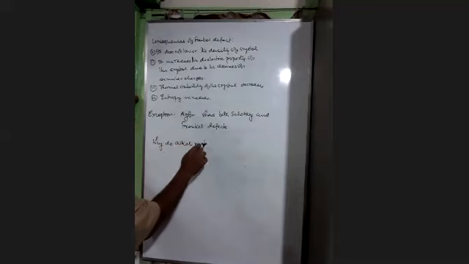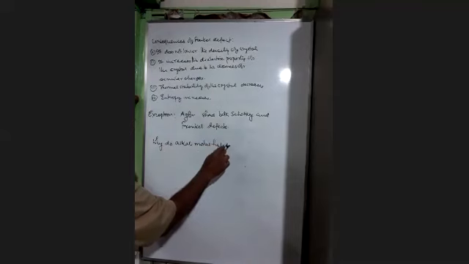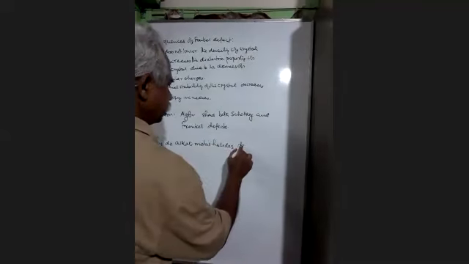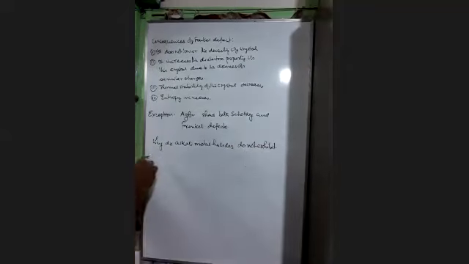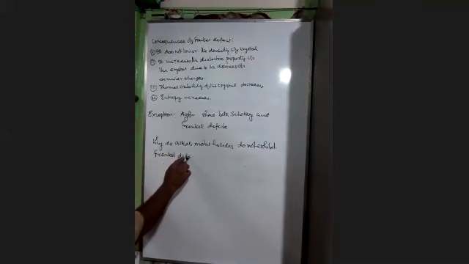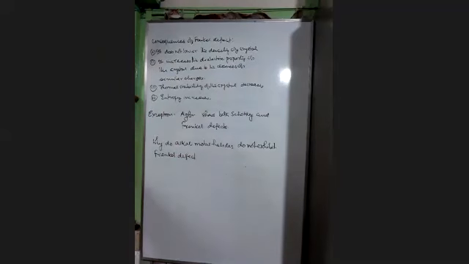Now, one question is often asked. Why do alkali metal halides not exhibit Frenkel defect? See, what is the condition? The condition is that the size of the cation should be smaller, but alkali metal ions are bigger. So what should you write now?